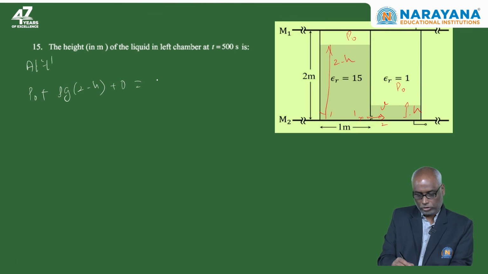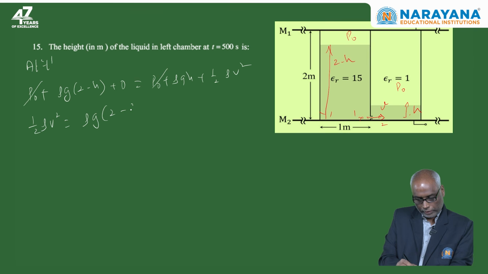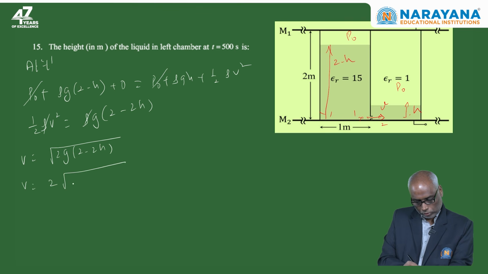On the right chamber, it becomes P naught plus rho g h plus half rho v square. P naught cancels on both sides. So half rho v square becomes rho g into 2 minus 2h. Rho also cancels on both sides. v becomes under root of 2g into 2 minus 2h. v becomes 2 into root of g into 1 minus h.